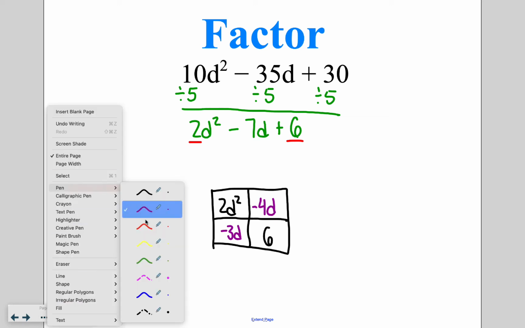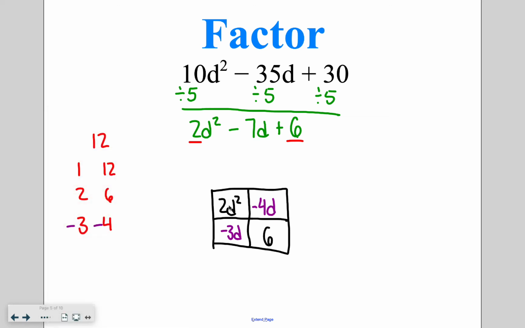Looking for my greatest common factor then, of the first pair, I've got d. Then I've got to get from d to 2d squared, so I need 2 and d. Then from d to negative 3d, I need a negative 3. And moving across, negative 3d to negative 4d, or negative 3 to positive 6, is going to give me a factor of negative 2.